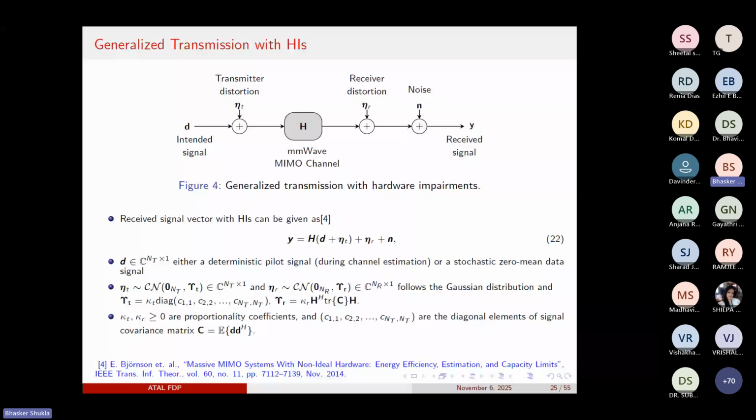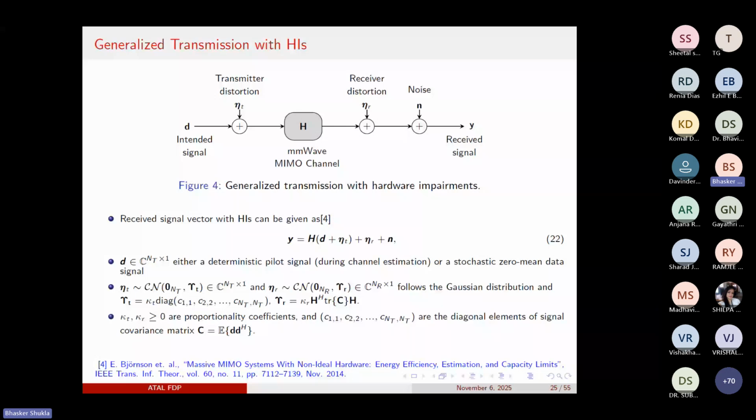So the channel estimation becomes problematic if we do not take this distortion into consideration. Here I have shown how we can minimize the effect of transmitter and receiver distortions, meaning if we consider the hardware impairment, how these distortions affect the overall system.